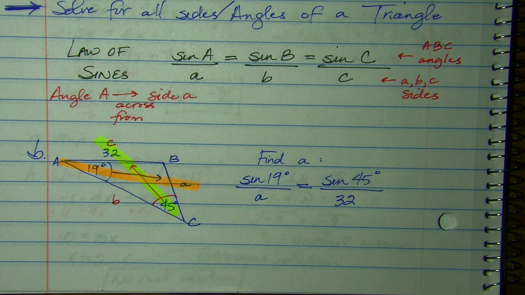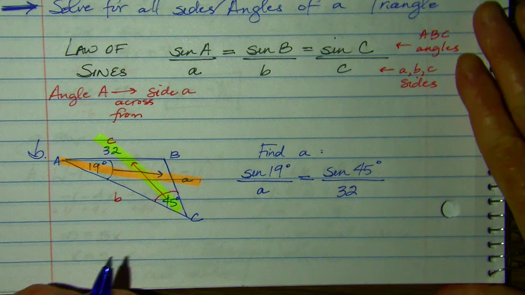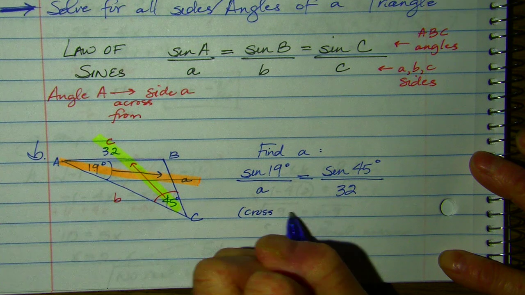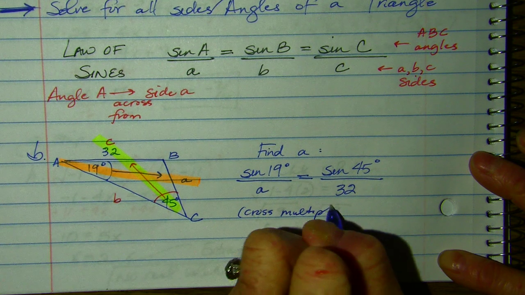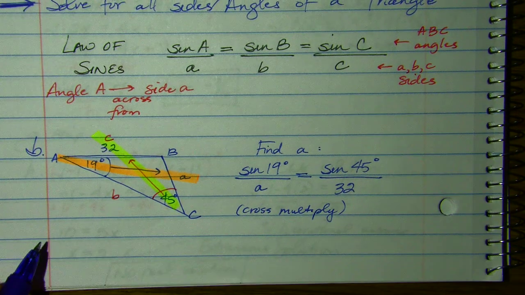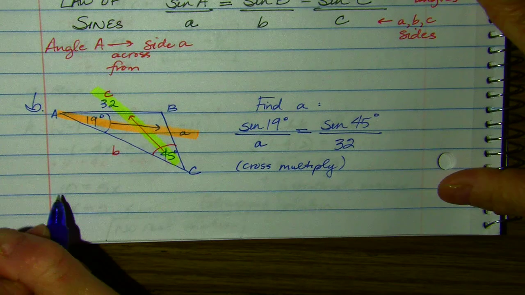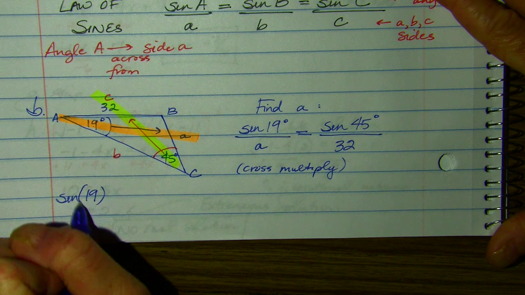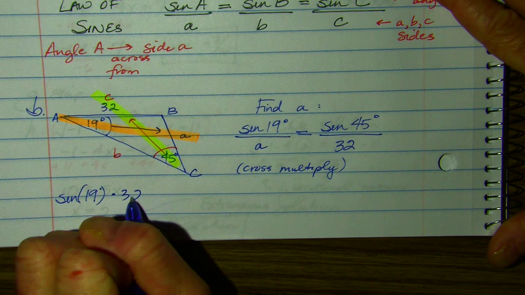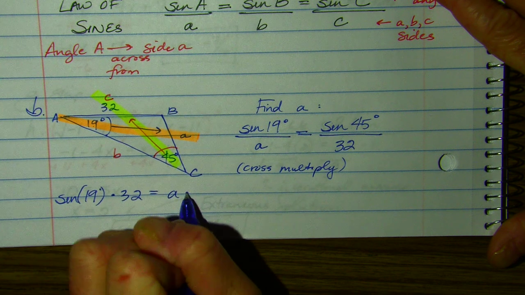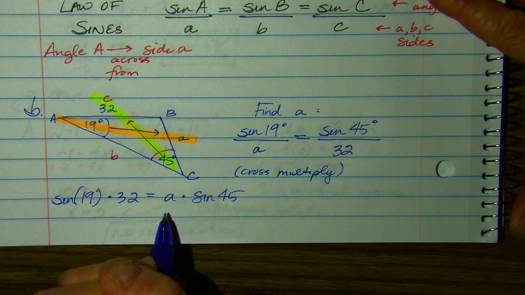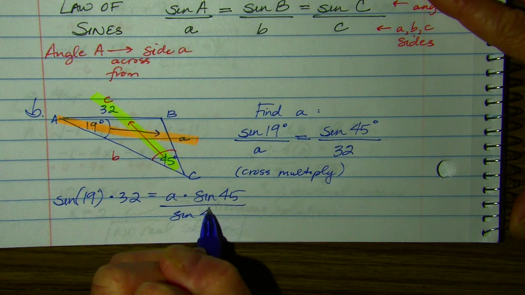Now, to solve, we're simply going to cross multiply. So the sine of 19 degrees times 32 will equal a times the sine of 45 degrees. To solve for a, I would divide by the sine of 45.